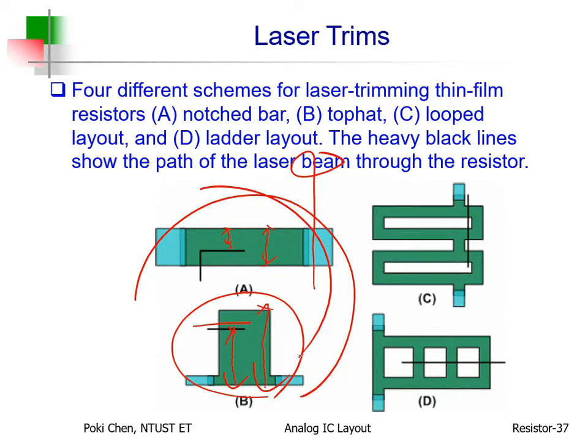And how about the other type? They have such kind of loop type. Many kinds of loops connected in series. So you have more flexibility to cut it. You can cut here or cut there. It depends again on the true resistance you measure.